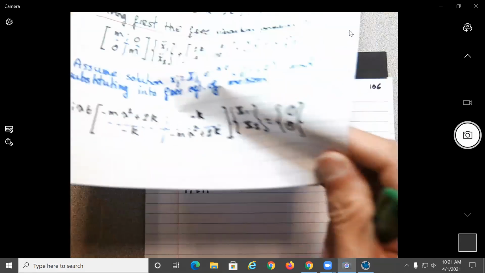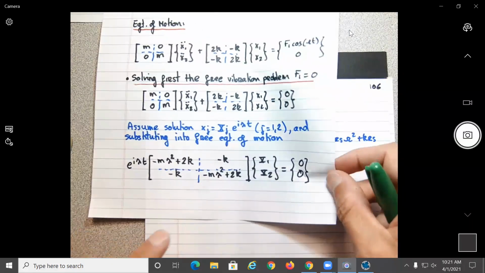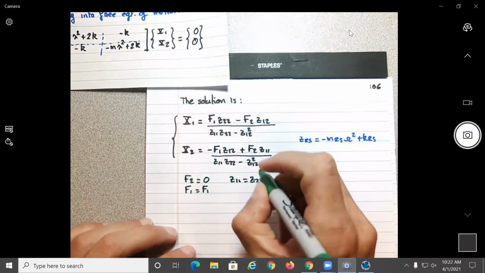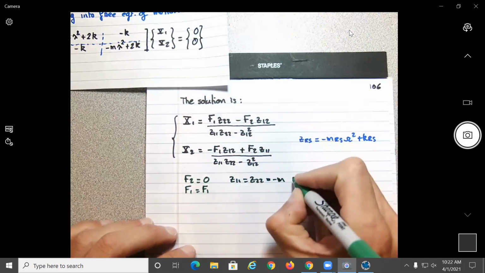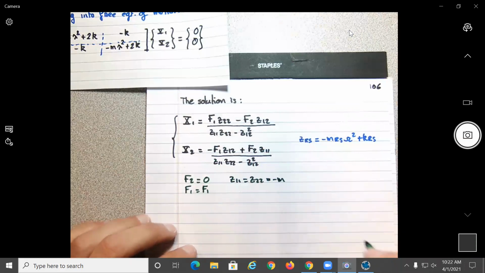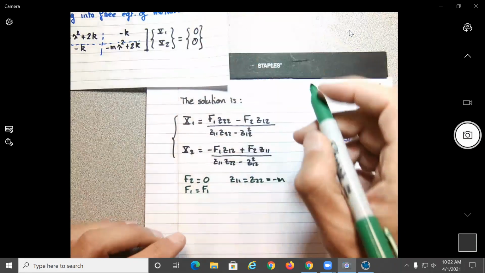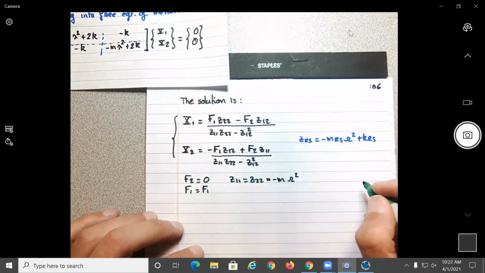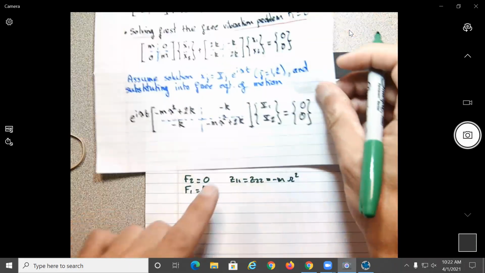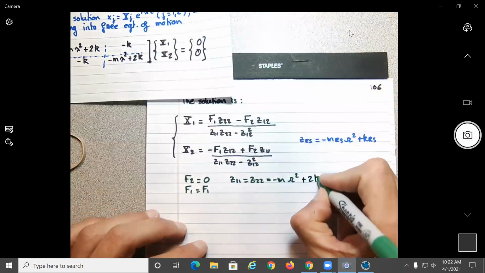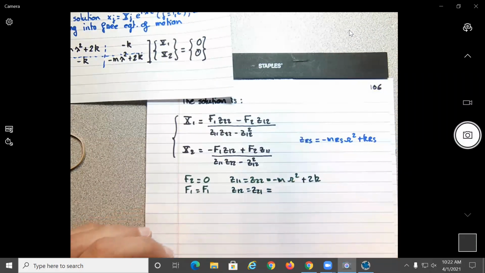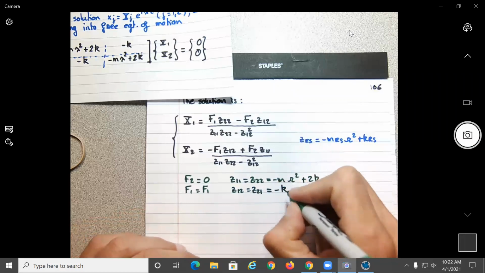You can say that z11 equals z22, equal to that expression there, minus m, but this time we need to change the lambda to the capital omega, and that should be minus m omega squared, plus 2k. I'm just looking at this expression here. And z12 equals z21, that should be equal to minus k.